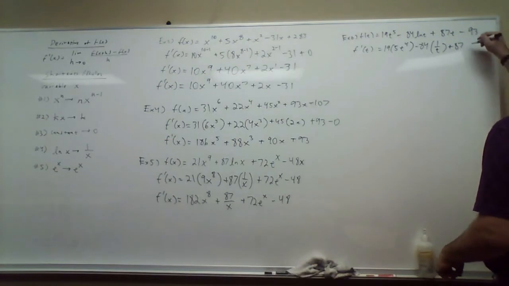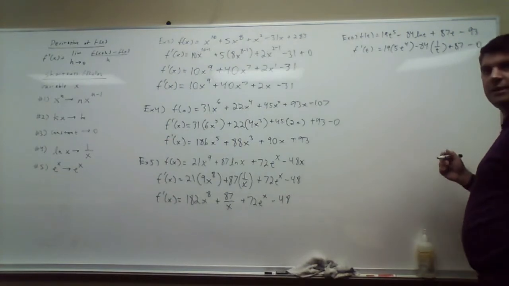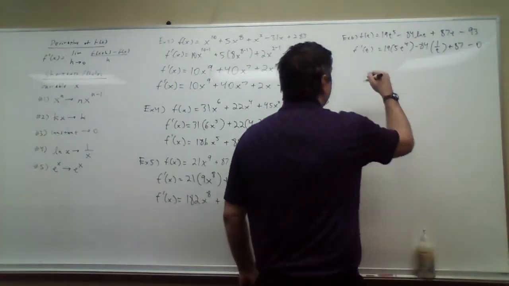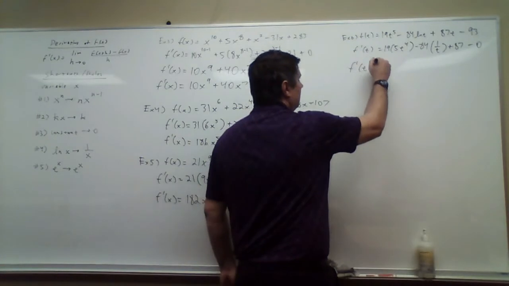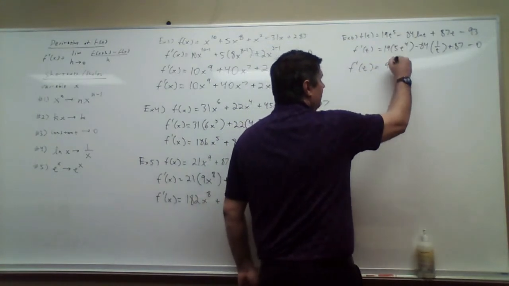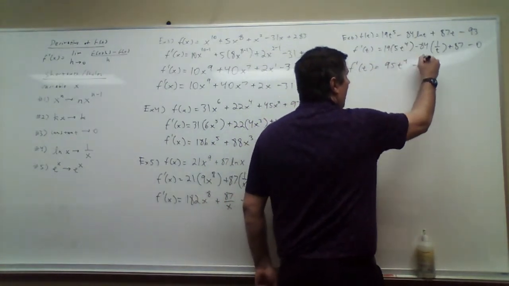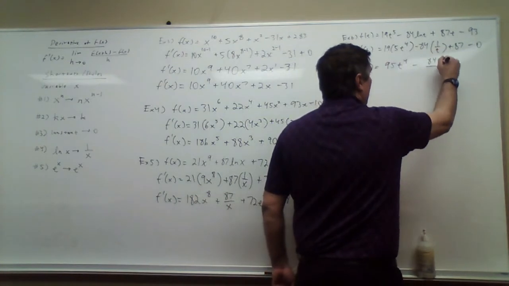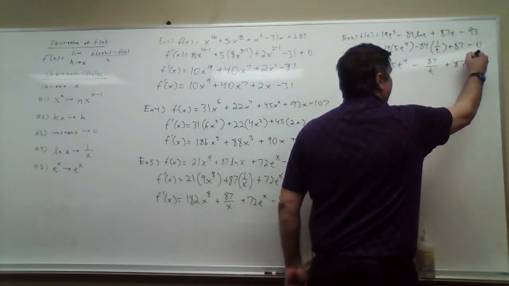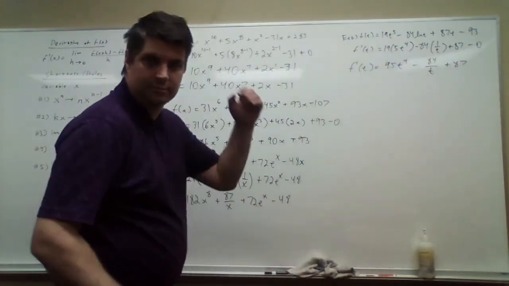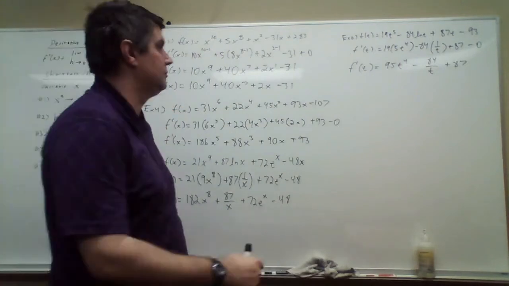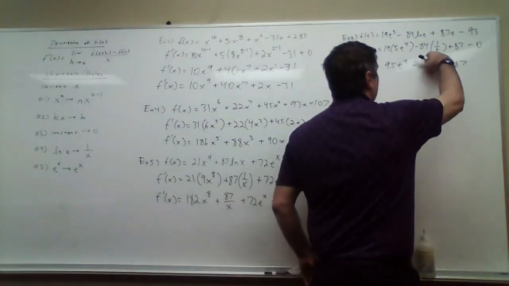And the derivative of our constant is 0. Okay? So f prime of t is just going to be 95 t to the 4th minus 84 over t plus 87. Let me write this a little bit more clearly.